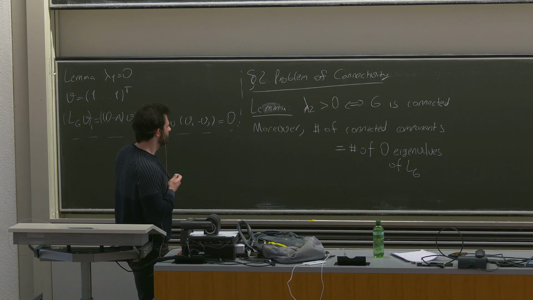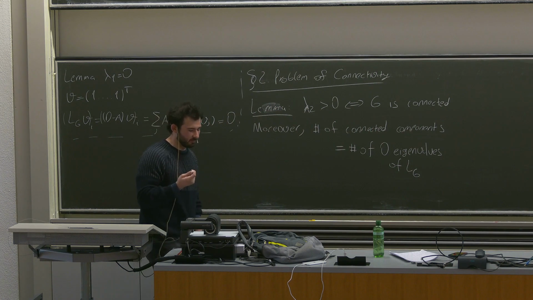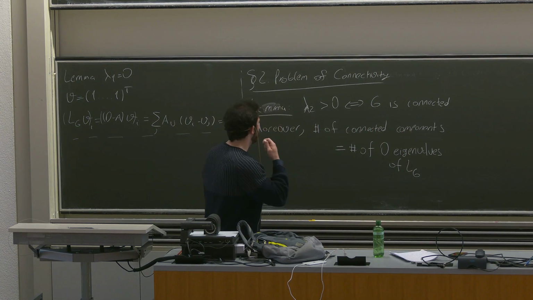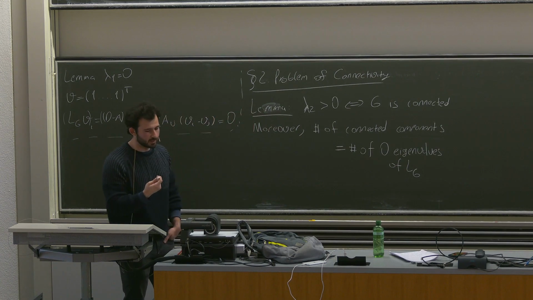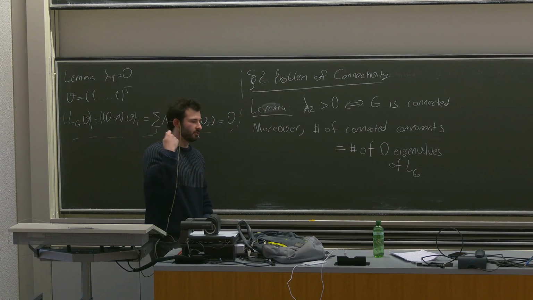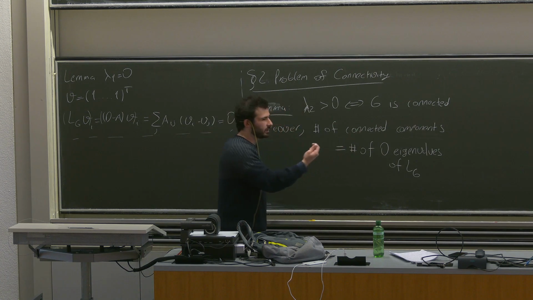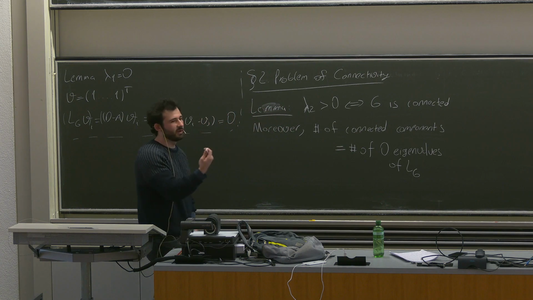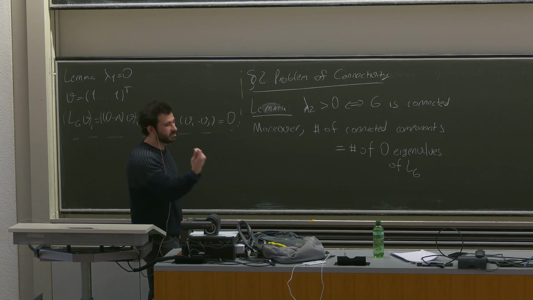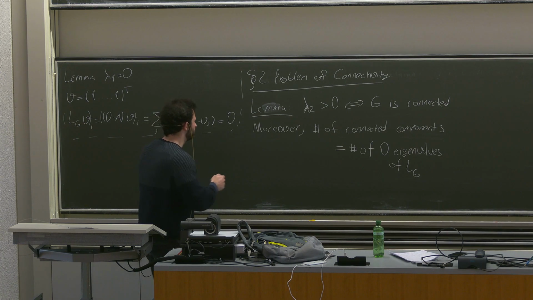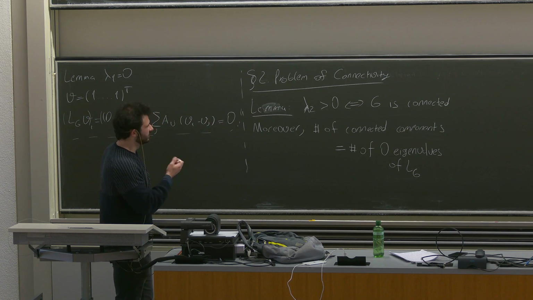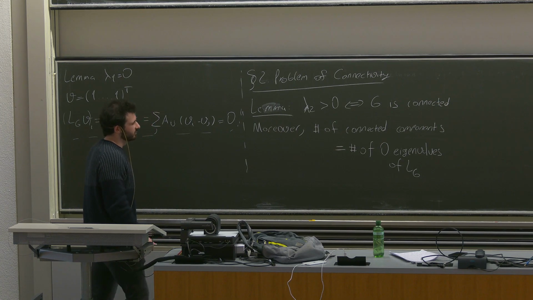You're given a matrix, you're given a graph, and you want to understand if the graph is connected or not. What you can do is use your favorite linear algebra package, find all its eigenvalues, and count the number of zeros among these eigenvalues to find the number of connected components. So this gives you a way of using the spectral properties of the matrix to find the combinatorial property of the graph. So we're going to prove this lemma.